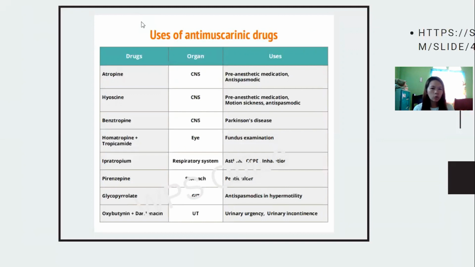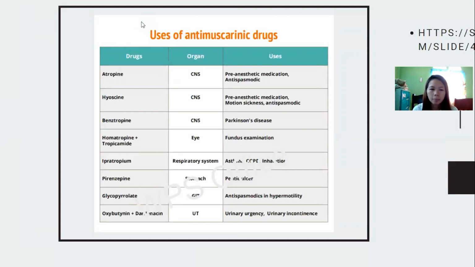Benztropine, organ: CNS, uses: Parkinson's disease. Drug: homatropine and tropicamide, organ: eye, uses: fundus examination. Drug: ipratropium, organ: respiratory system, uses: asthma, COPD, and inhalation.